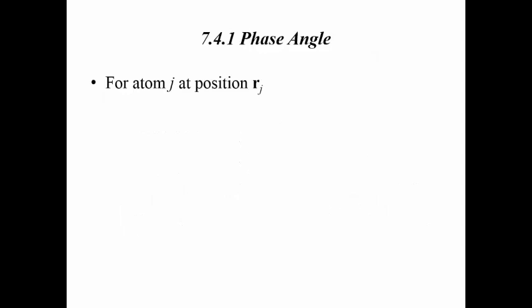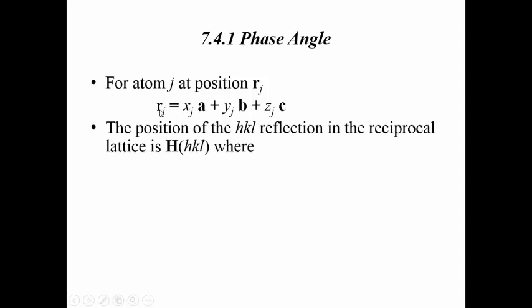So let's first look at the phase angle. For an atom j in a position R sub j, here are the fractional coordinates, and here are our bases a, b, and c. From that we can calculate R, the position of the atom from the origin.